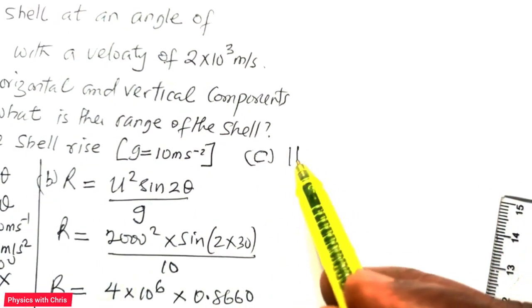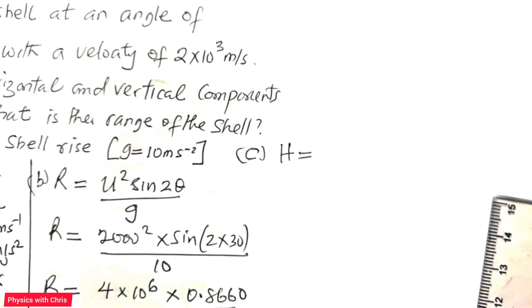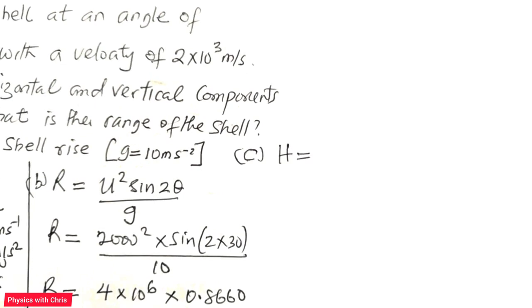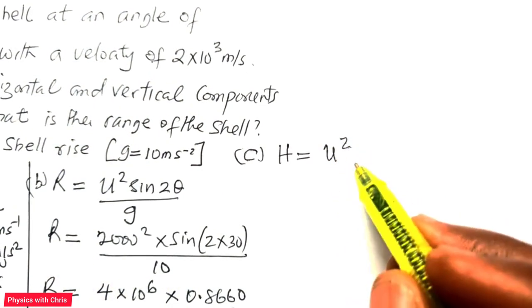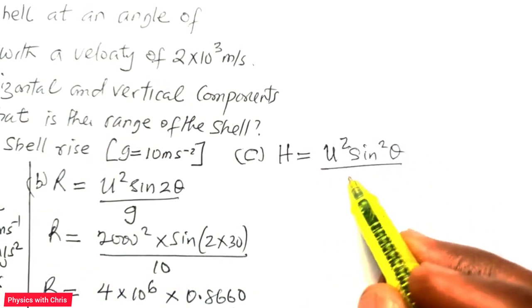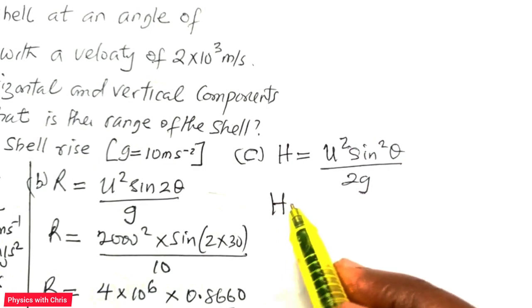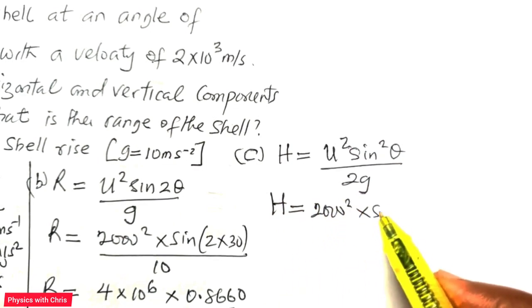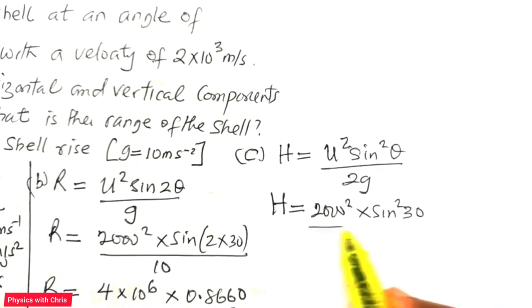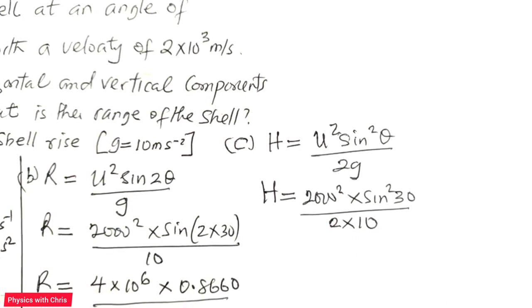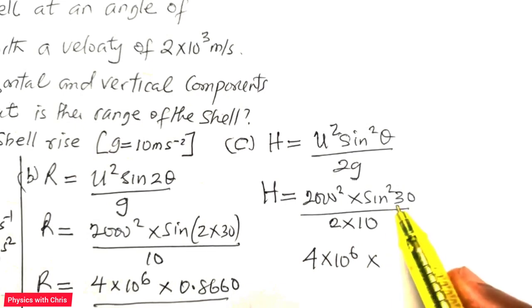For the maximum height equation, again, if you go back to the video I gave on these derivations, you have u squared sin squared theta divided by 2g. So my h equals 2000 squared again, times sin squared 30, divided by 2g, which is 2 times 10. Once again, 2000 squared is 4 times 10 to the power 6, times sin 30, which is 0.5.